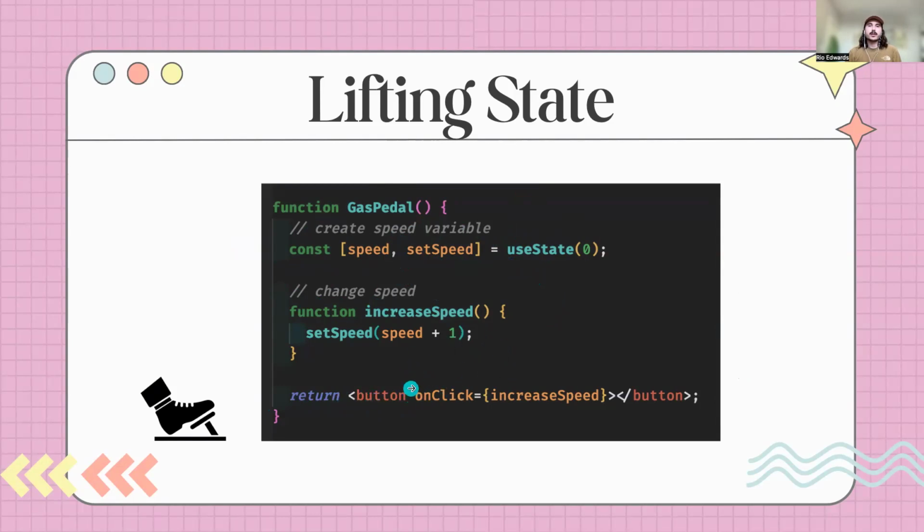It's a very simple gas pedal. It's just a button, and when you click it, it increases the speed. Here we have our increaseSpeed function. On click, it'll call this increaseSpeed function. This function sets the speed to speed + 1. So every time we click on this button, it should increase the speed by 1.